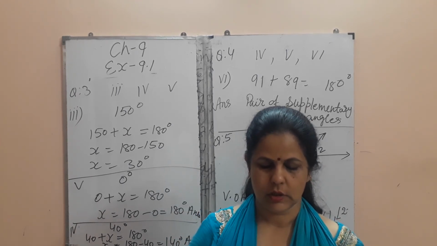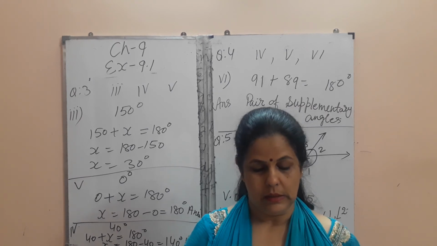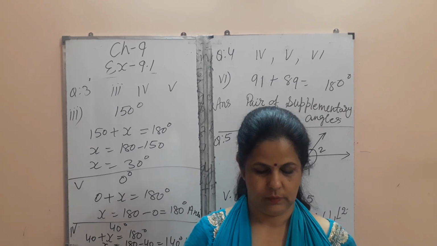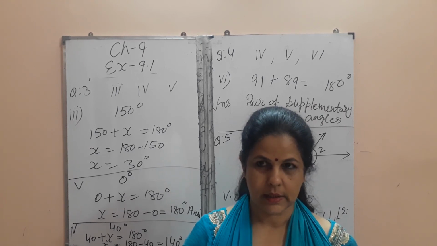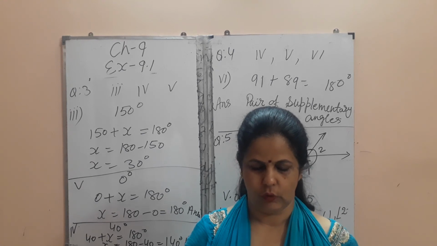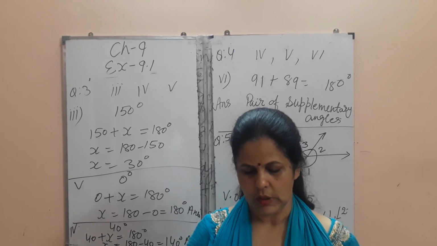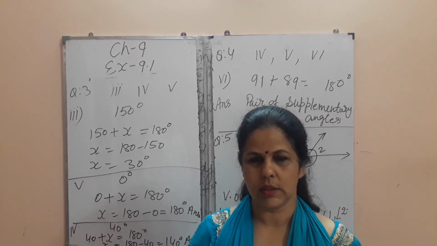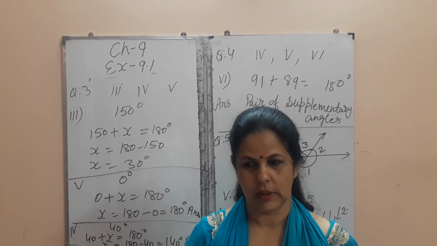Yes, because they are both formed by two intersecting lines and are opposite to each other. Next, which angle is vertically opposite to angle 4? Angle AOC is vertically opposite to angle 4.